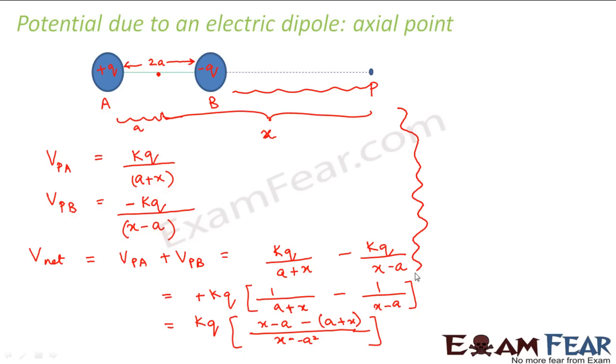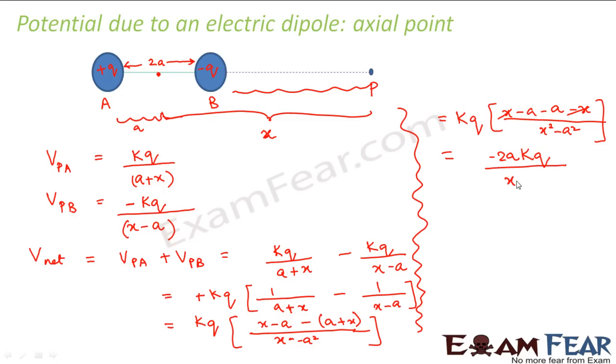So let us do the remaining calculation this side. So this becomes equal to KQ into x minus a minus x divided by x square minus a square. So x will cancel. So we have minus 2a K into Q divided by x square minus a square.